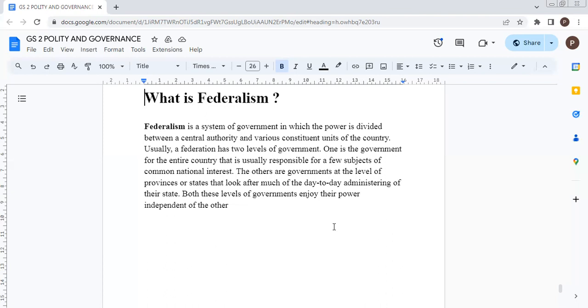And that is mentioned in Article 1, that India, that is Bharat, is a Union of States, where the Union is permanent and indestructible, but the states are destructible.